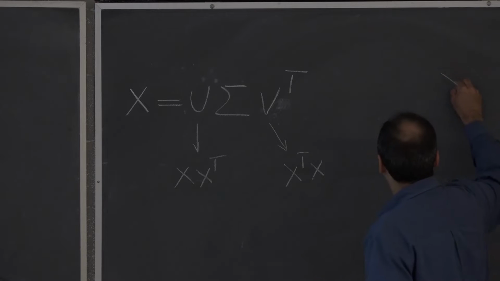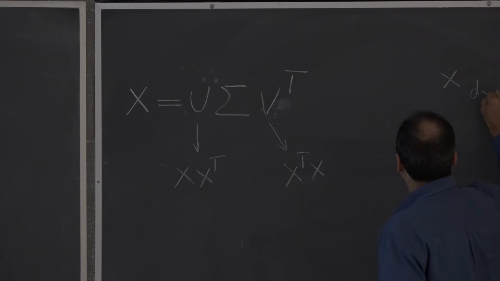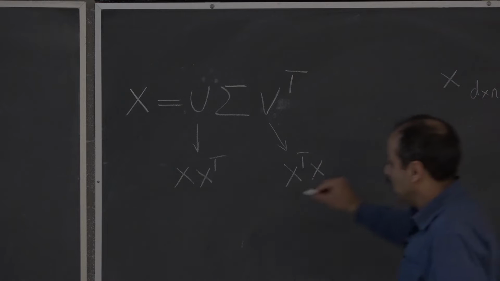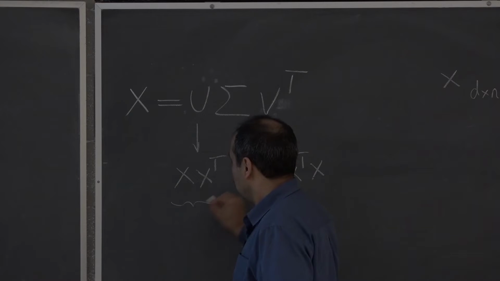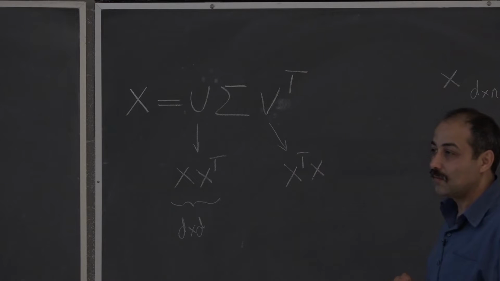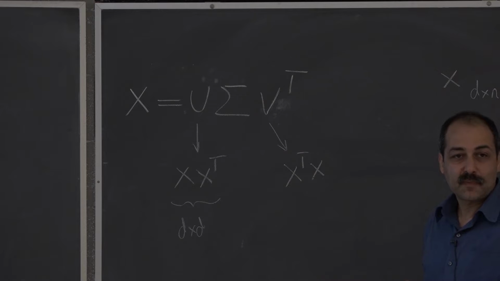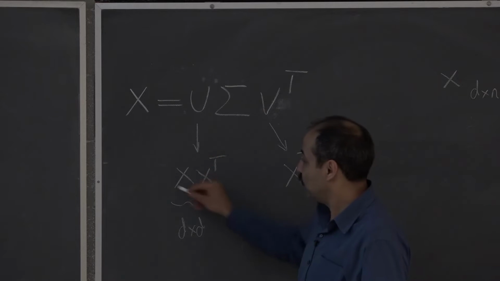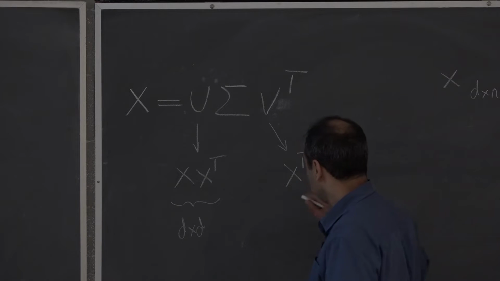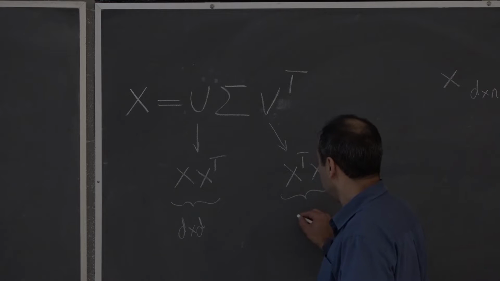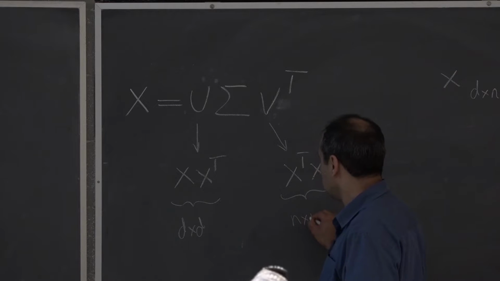So X is a D by N matrix. So in the case that D is small and N is large, here we need to decompose a D by D matrix, and if D is smaller than N, then it's more beneficial to decompose this matrix. Here X transpose X would be an N by N matrix.